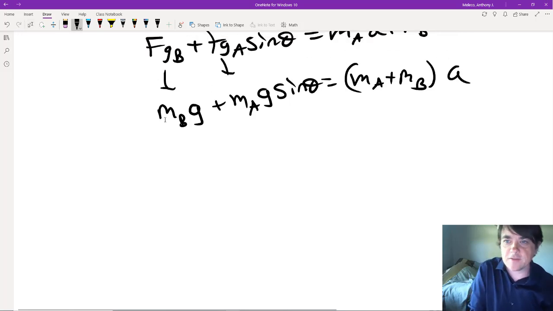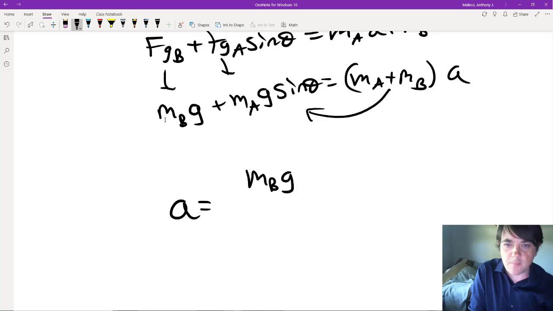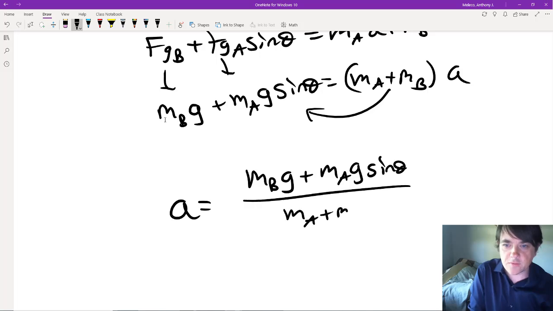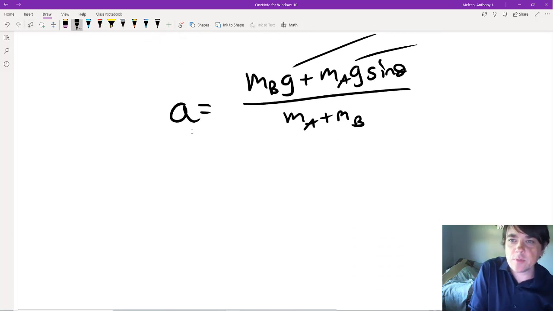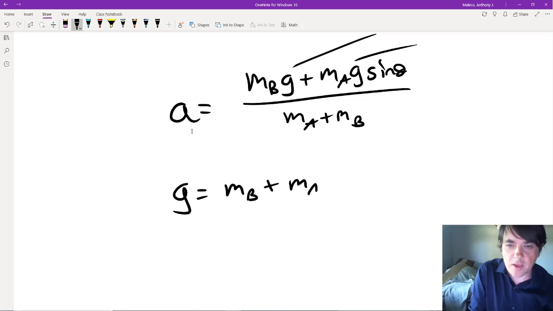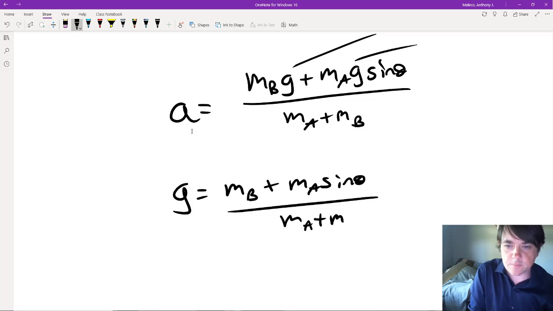And now we just divide this over, so we get our acceleration is m_B g plus m_A g sine theta over m_A plus m_B. And we can make this a little bit simpler by pulling out the g's: m_B plus m_A sine theta over their combined mass, times g. Oops, this was an A, sorry.